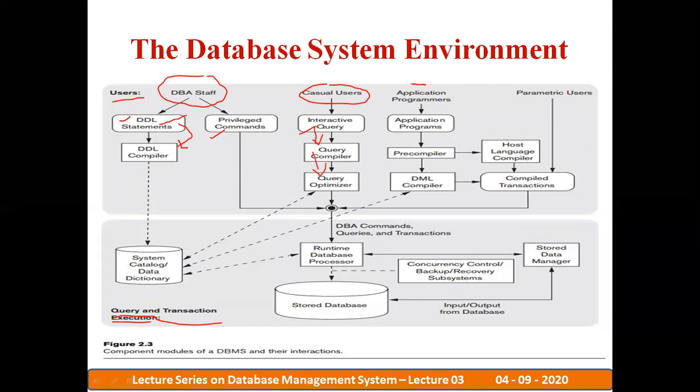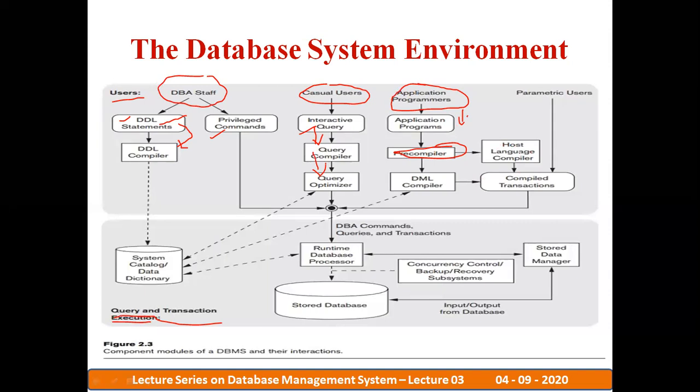Now after that, we are seeing the application programmers. What are the application programmers doing? Application programmers are the ones who write the applications, for example, e-ticket reservation. This will be developed by the application programmers. They are writing the application program. The ticket reservation system should be compiled first, and it will be sent to the host language compiler.